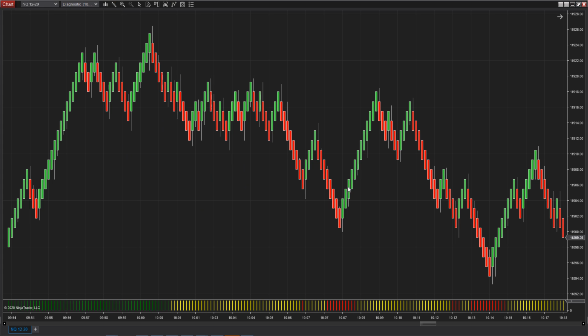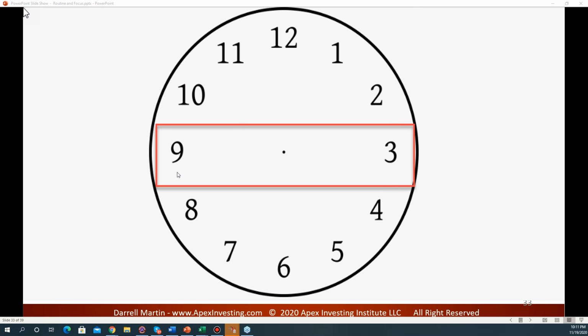If you drew a circular clock around the market right here, what do you see right here? That'd be like that same rectangle I drew around 9 and 3. Make sense? What do you think it is if the market is doing this between 9 and 3? It's chop or range, right?